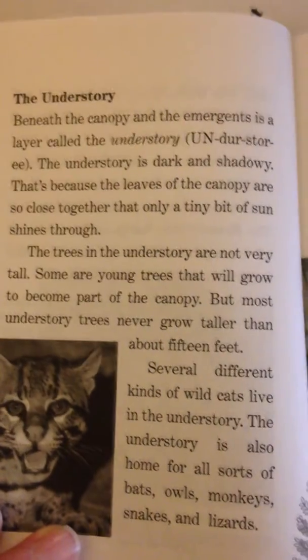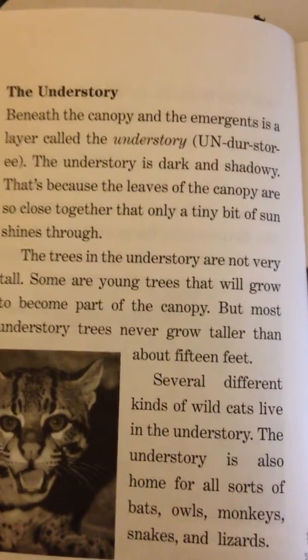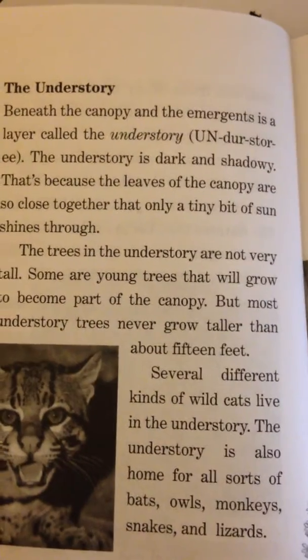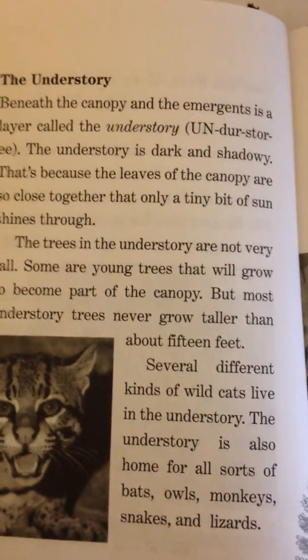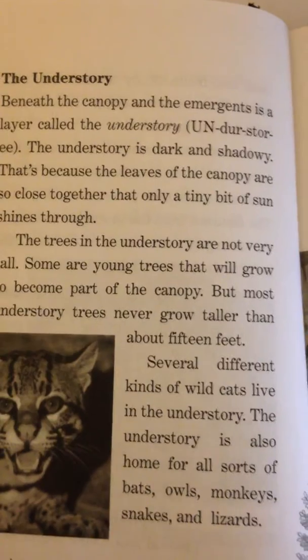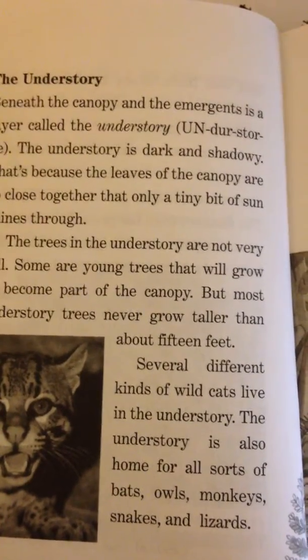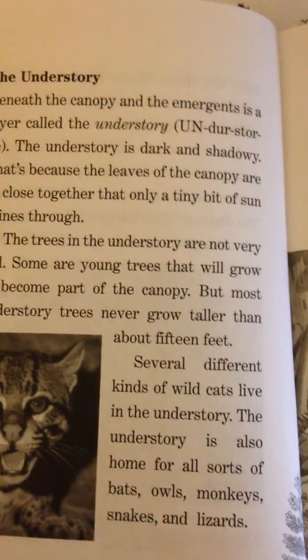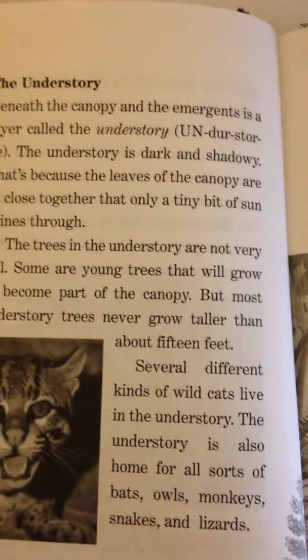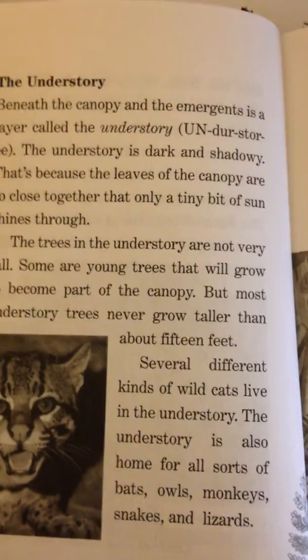The trees in the understory are not very tall. Some are young trees that will grow to become part of the canopy, but most understory trees never grow taller than about 15 feet. Several different kinds of wildcats live in the understory. The understory is also home for all sorts of bats, owls, monkeys, snakes, and lizards.